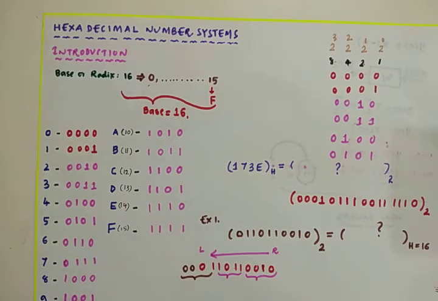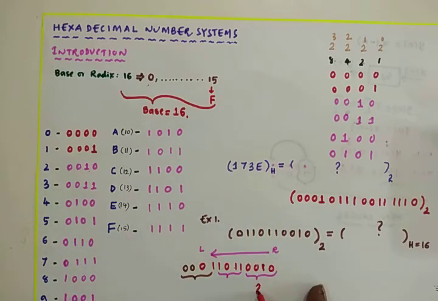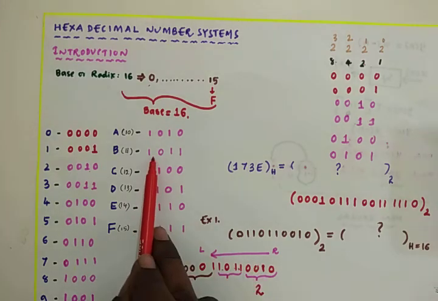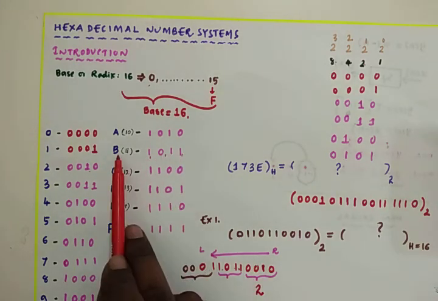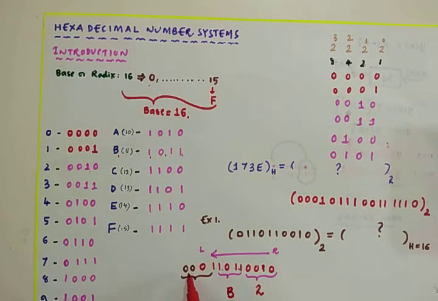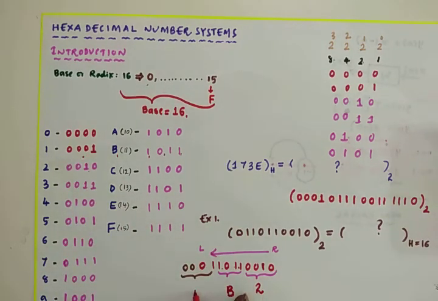First group is 0 0 1. Second group is 1 0 1 1. Third group is 0 0 1 0, which is 2. Now you can replace it by 2. 1 0 1 1 is B. Next one is 0 0 1, that is 1.